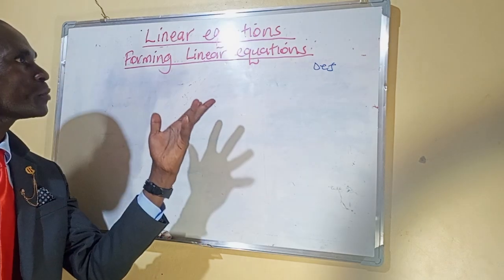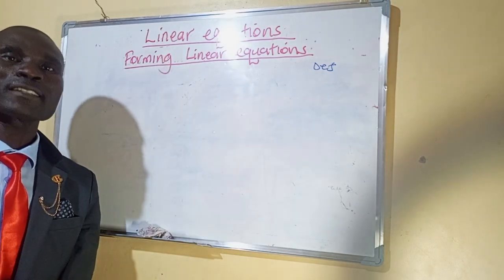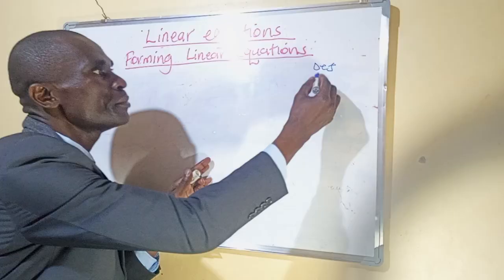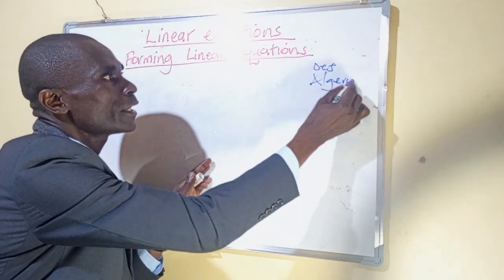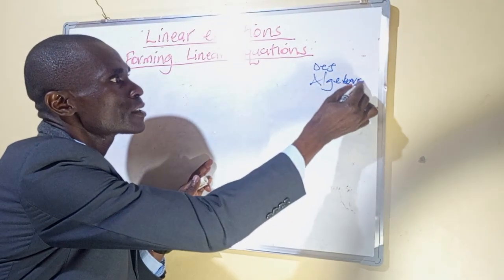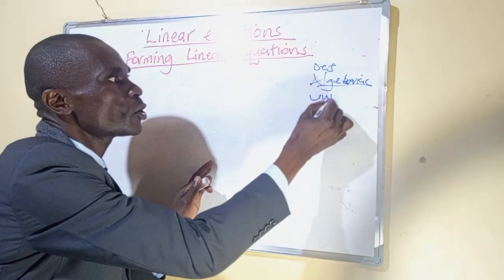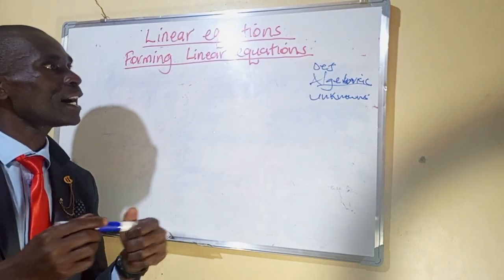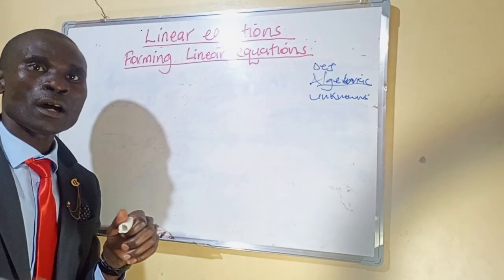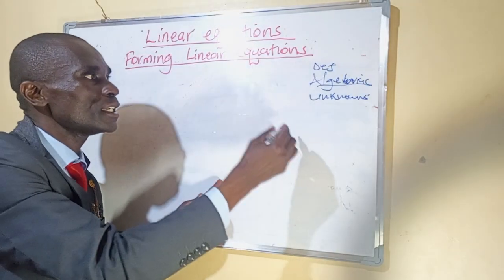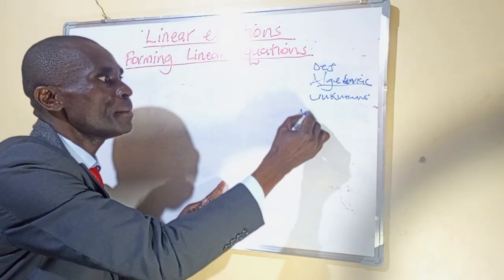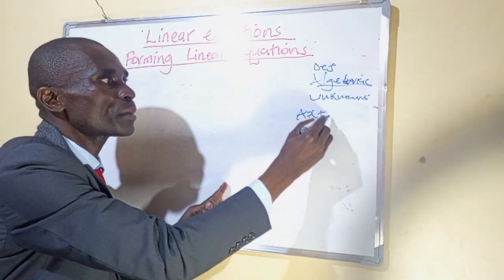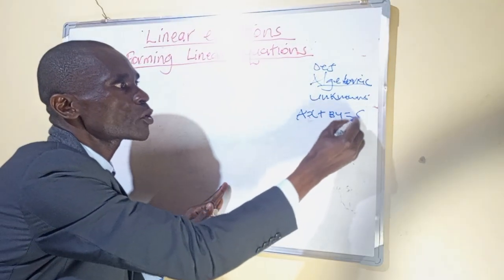Now, just to be brief, a linear equation is an equation which is algebraic in nature. We know that an algebraic equation is simply an equation that has unknowns. So a linear equation is simply an algebraic equation in the form ax plus by equals c.